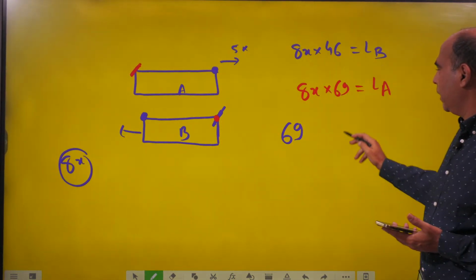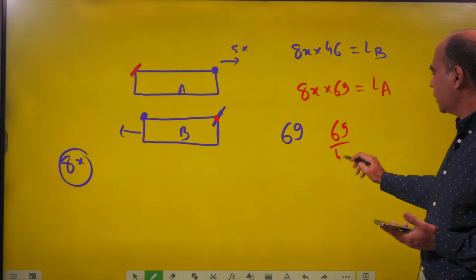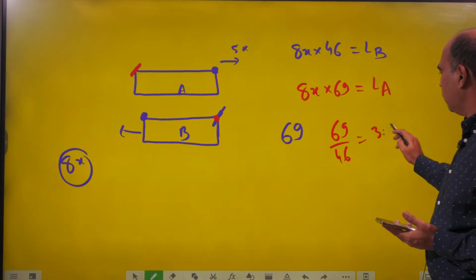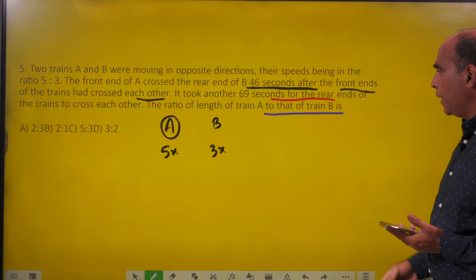Length of A to length of B is 69 by 46, which is 3:2. That's the answer. It's plain and simple.